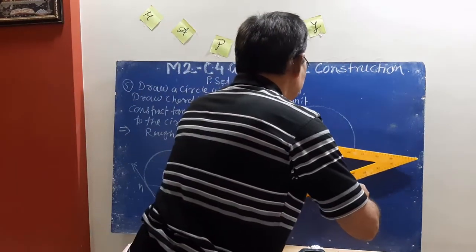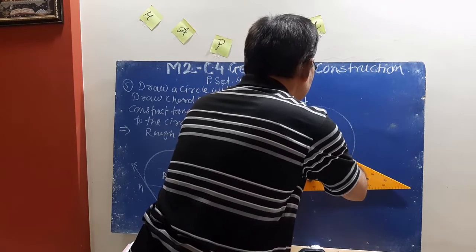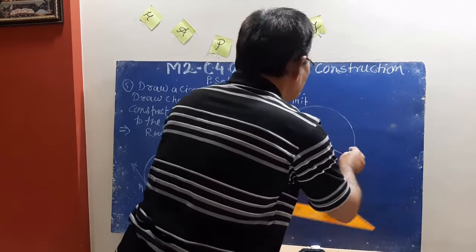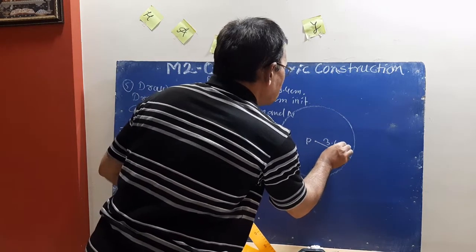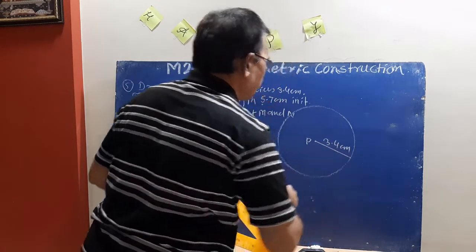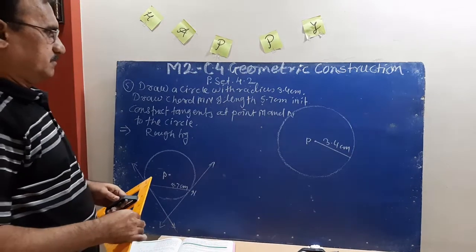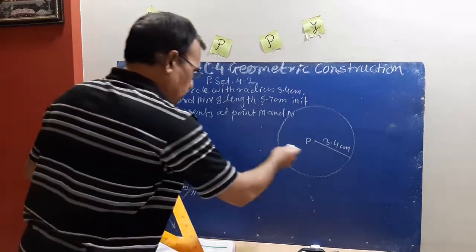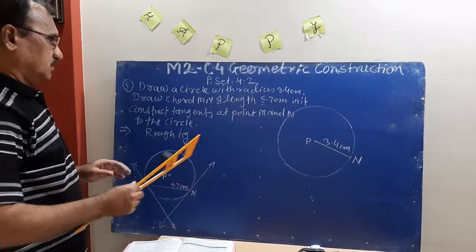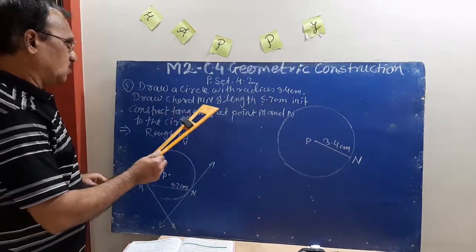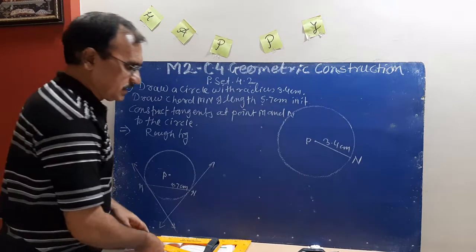Mention here this radius is 3.4 cm. Suppose this is point N. Draw chord MN. One point N is here.